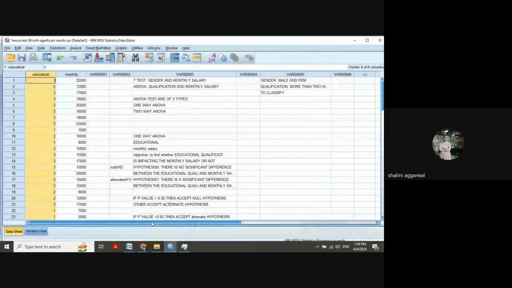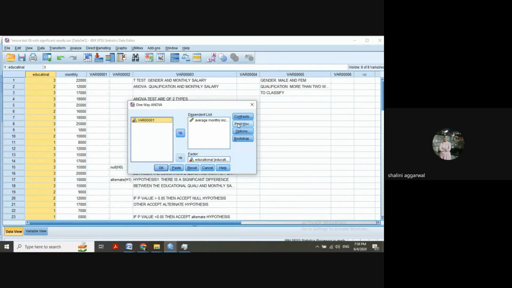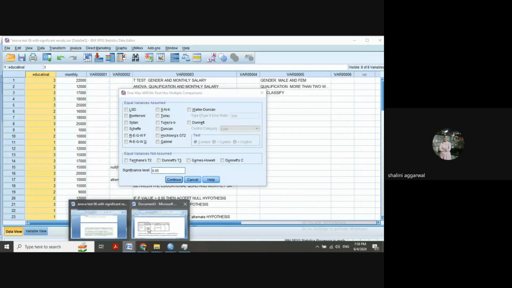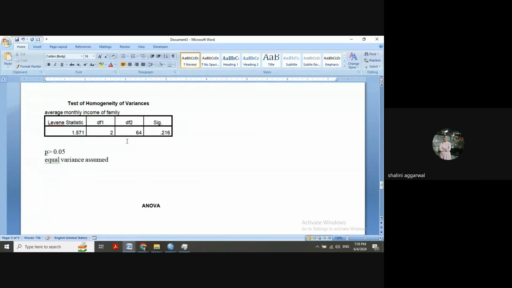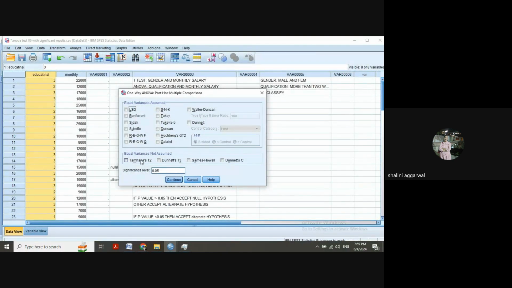Now, we have not completed this test. So what is now important? We wanted to see, let's go back again, one way ANOVA, post hoc test. What I wanted to tell you was, if here the Levene's value were less than 0.05, we would have selected equal variance not assumed.